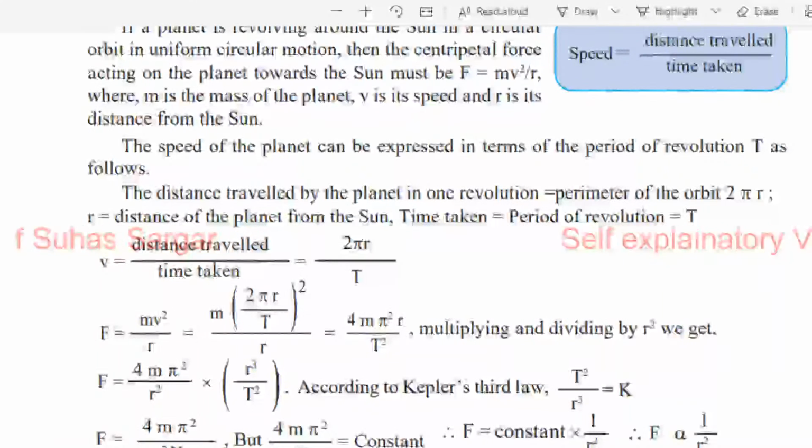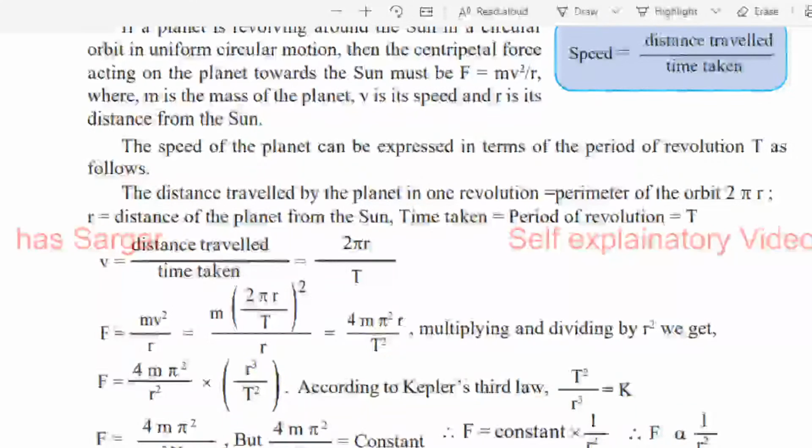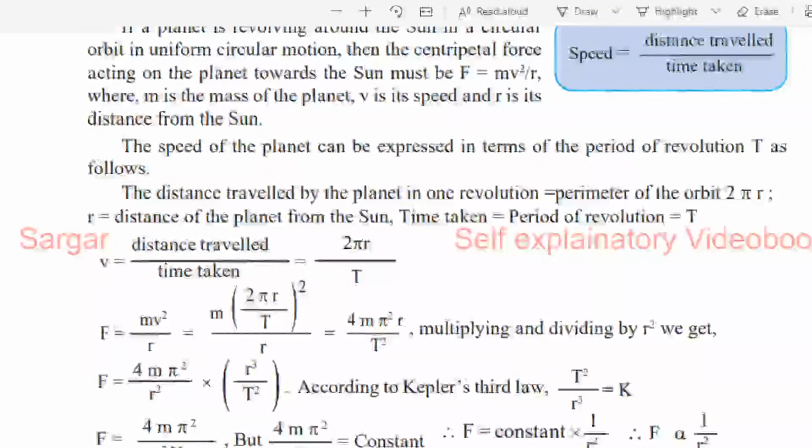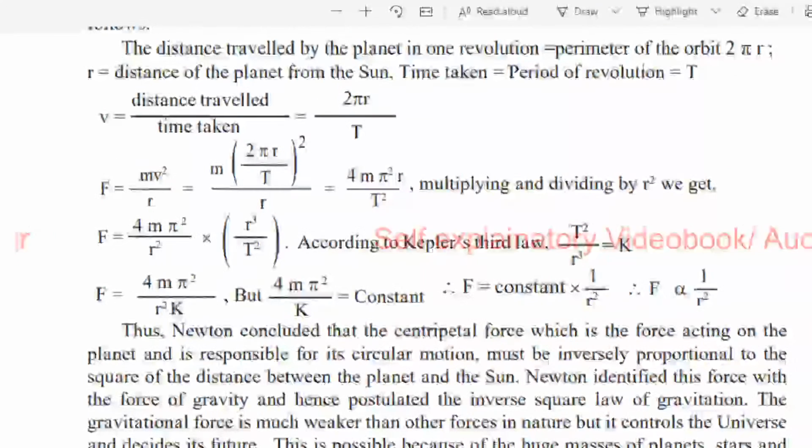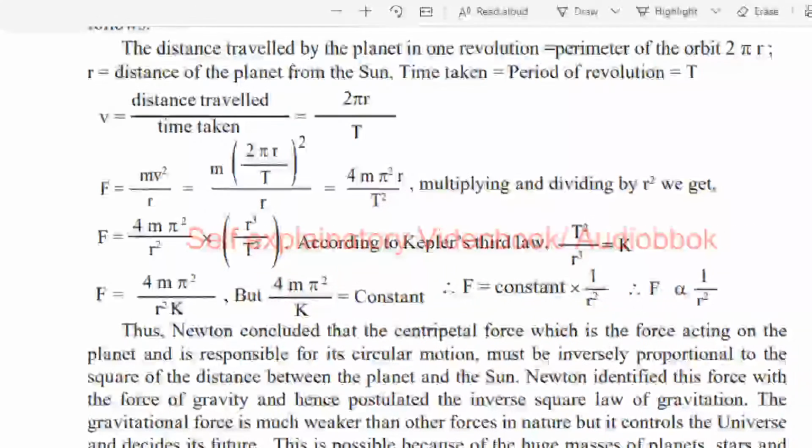Distance of the planet from the sun is small r. Time taken, or period of revolution, is capital T. Now in the mathematical sum, small v is equal to distance traveled upon time taken. Means v is equal to 2 pi r upon capital T.